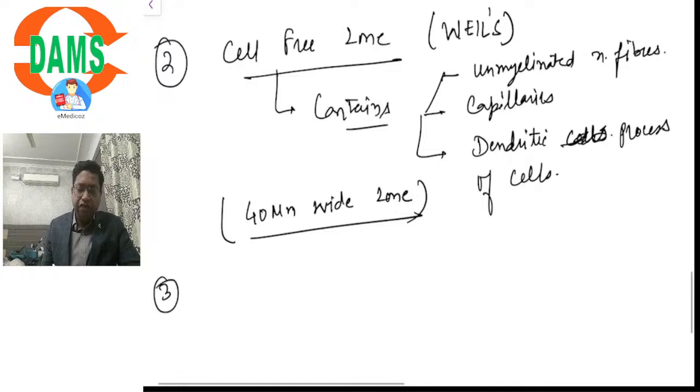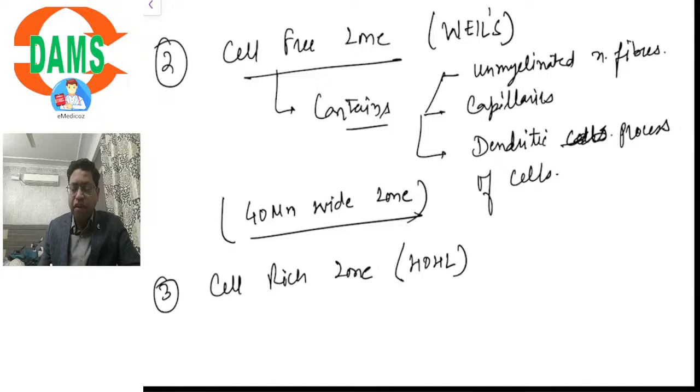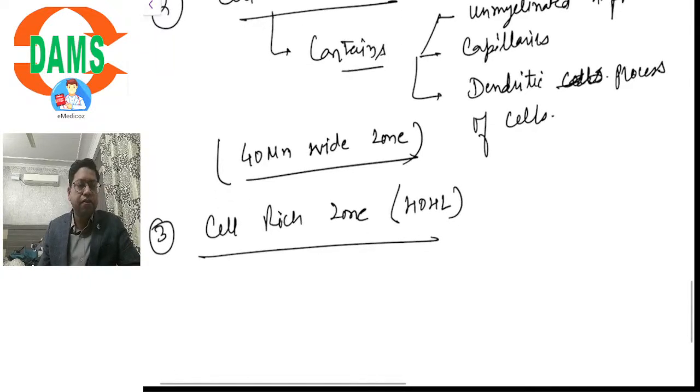The third layer of the pulp from outside to inside is the cell-rich zone. The cell-rich zone is also called zone of Hohl. And as the name indicates, it consists of numerous cells. What cells are present? The principal cells which are present are fibroblasts.